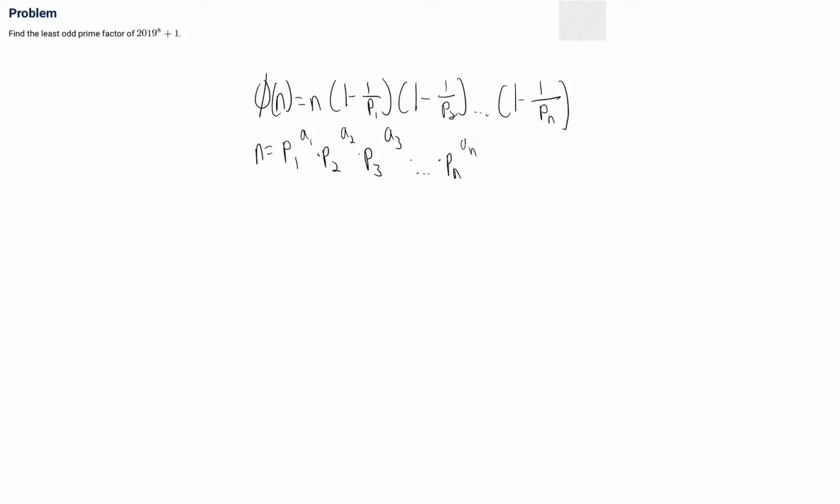This should be relatively clear by intuition. Okay, so how does this phi function relate to order? Let's see why. It is known by Euler's theorem that for a positive integer a relatively prime to n, a to the power of phi of n is congruent to 1 mod n. This is Euler's theorem. Let's do a special case where n is a prime.